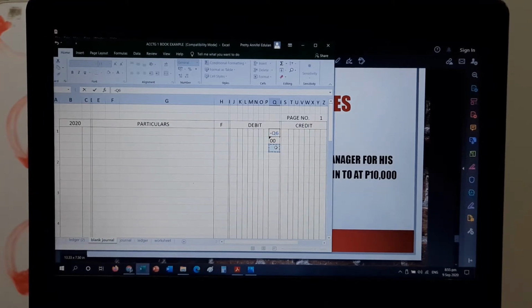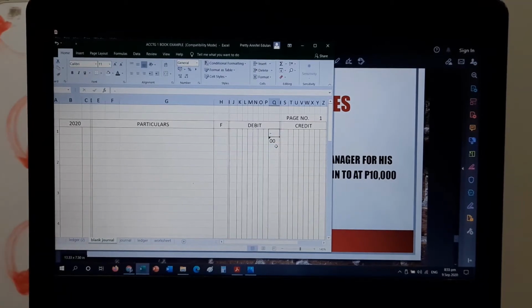If you have a centavo, you are to write the 2 digits. You have to round it off. Only 2 decimals will be written. For example, 55, 40, 31. You will write it that way.